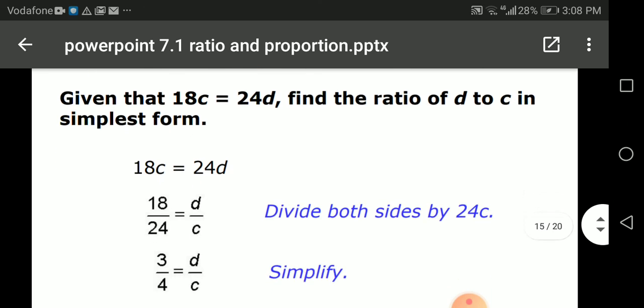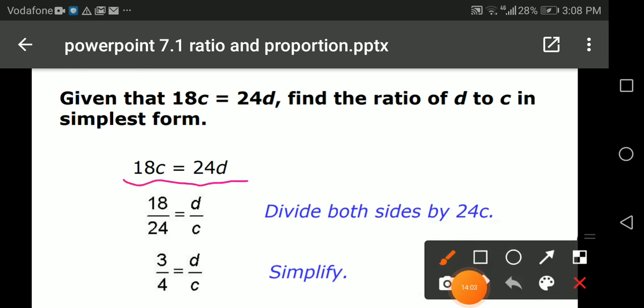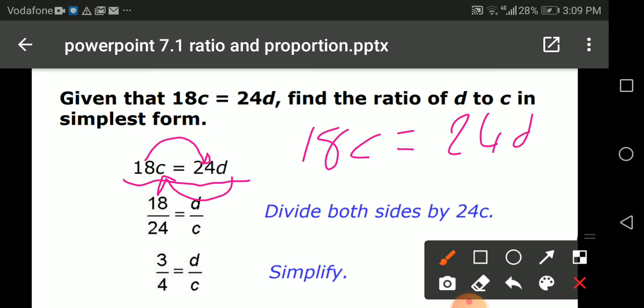Given 18c equals 24d, find the ratio of d to c in the simplest form. I have to write it, 18c equals 24d. So 18 over 24 is d over c. Then, what should I do?